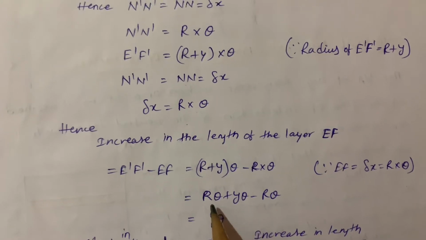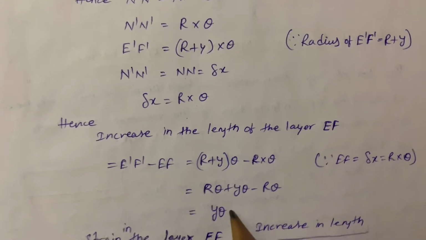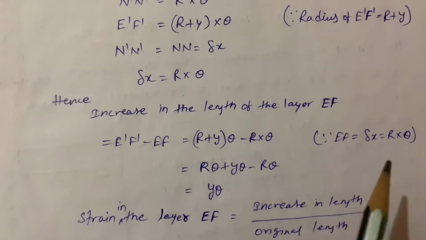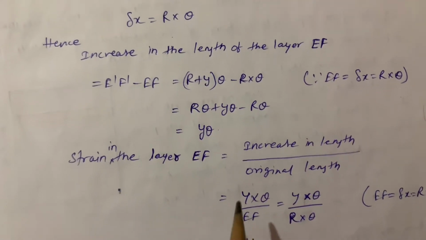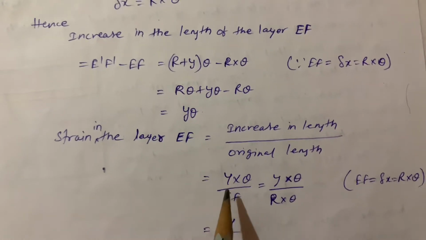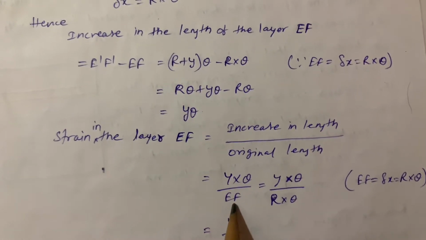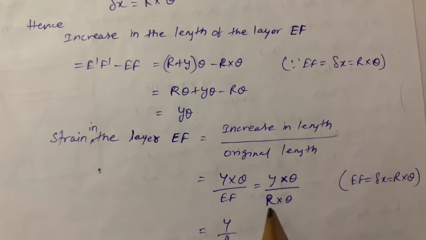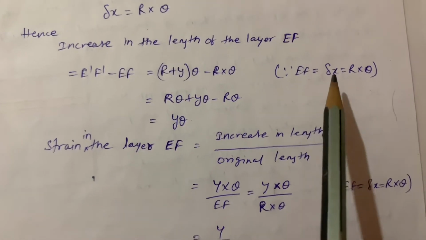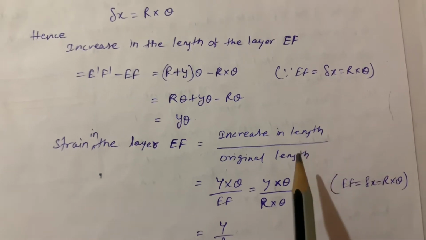So R theta cancels, and I got Y theta. For the strain formula, we know it is increase in length by original length. So the increase in length is Y into theta, by EF, and EF is delta x, that is R into theta.